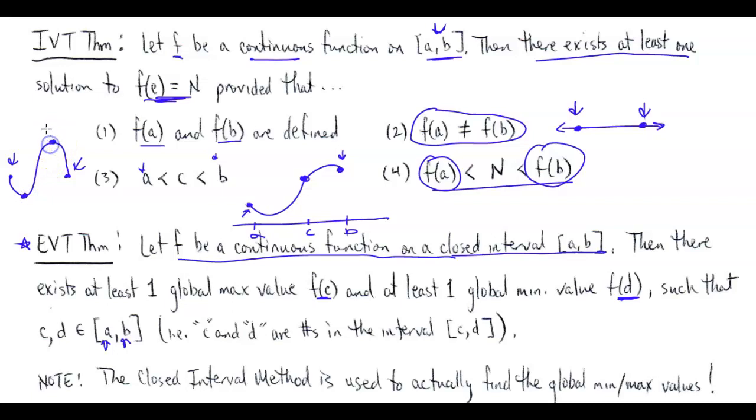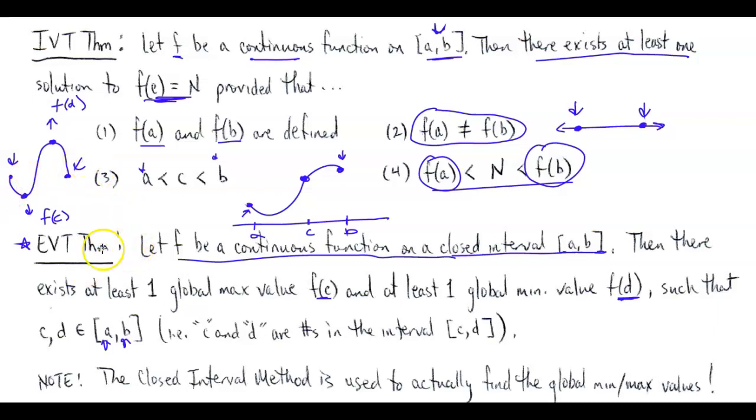And of course, notice that my d, f of d, and my c, f of c values are going to be larger or smaller than this. So it's not going to be strictly in between there.